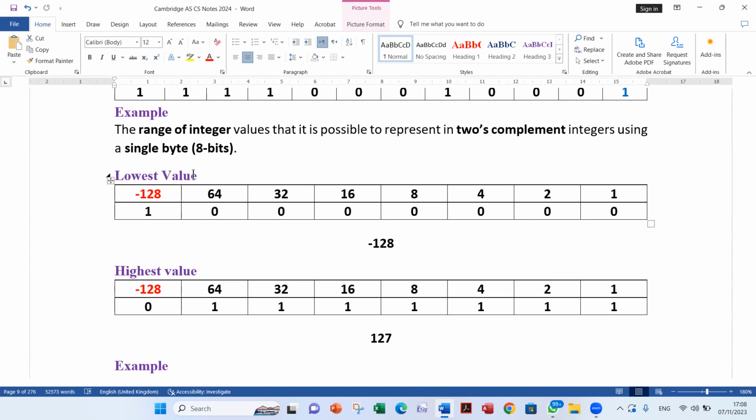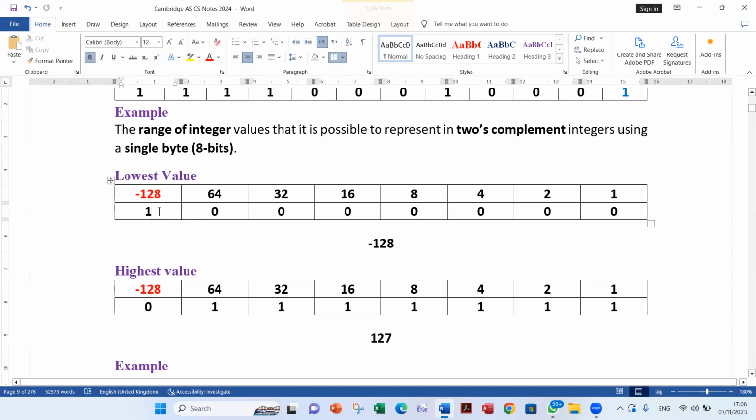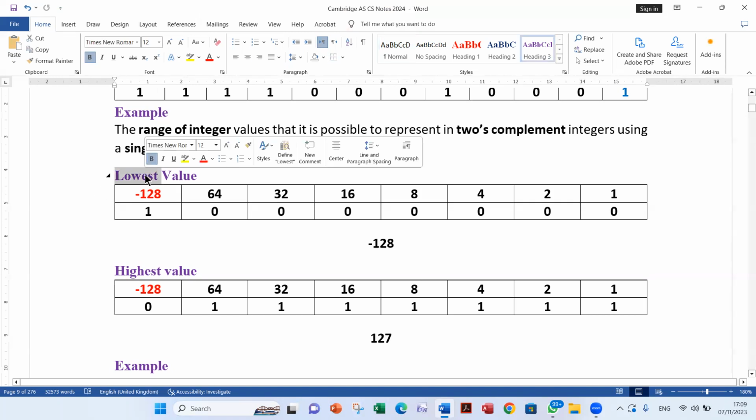So if, for example, you say, I'm going to fill this. I would like the lowest value. I put 1 here because this is the only negative component, and I put all zeros in the rest. 64 is positive, and you don't want anything positive to be added to this, otherwise it will not be the lowest.